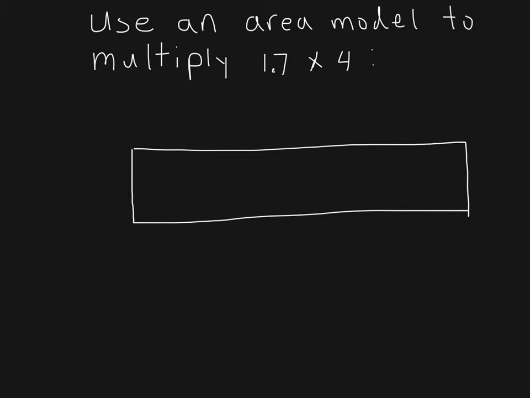Okay, so hopefully you remember that the single digit goes down here at the skinny end of the area model. And then I'm going to look at the other factor and I see that it has 2 digits, so I'm going to need 2 places in my area model. And I'm going to break this number apart according to the place value of each of the digits.